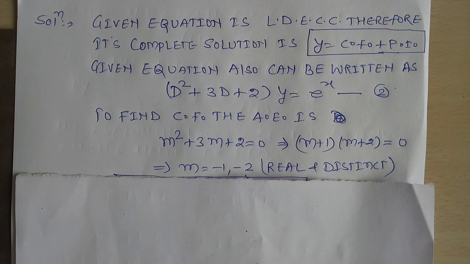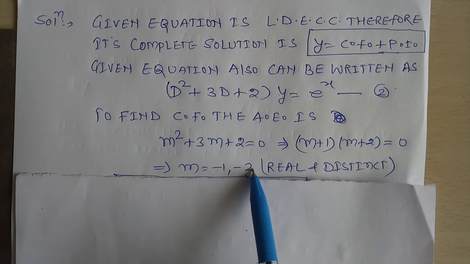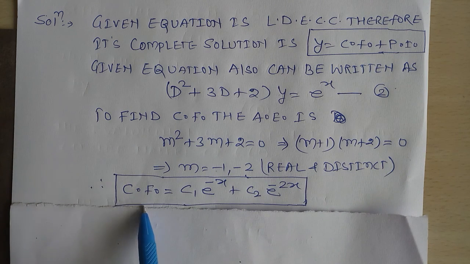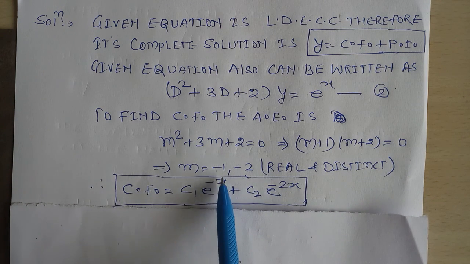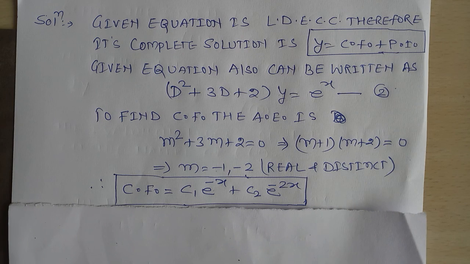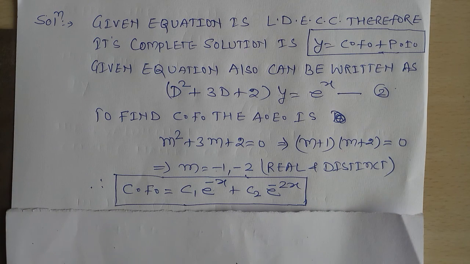Then the complementary function is what? C1 e power m1x plus C2 e power m2x. So the complementary function is C1 e power m1x, where m1 is minus 1, plus C2 e power m2x, where m2 is minus 2. So this we get as the complementary function.